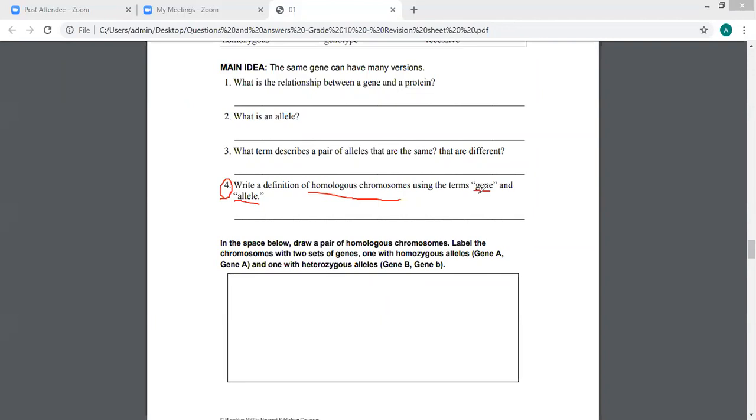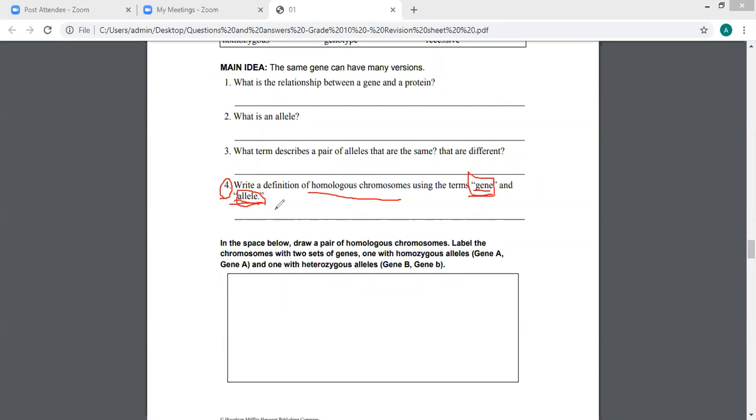They are two chromosomes, one from father and the other from mother, with the same length, for example, and they carry the same genes, but maybe their alleles are different.